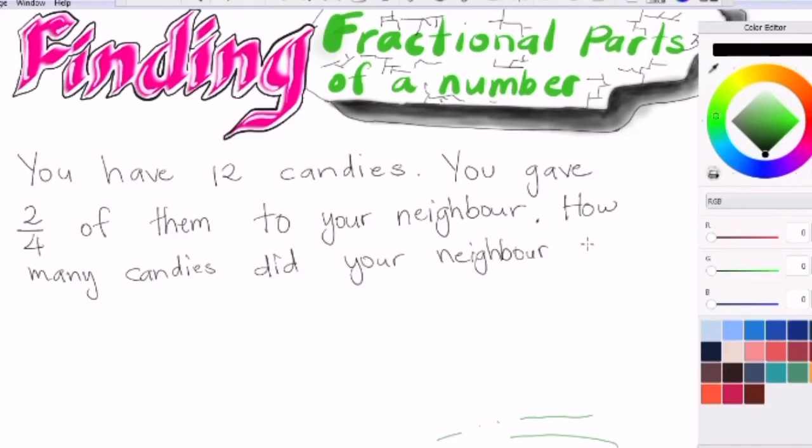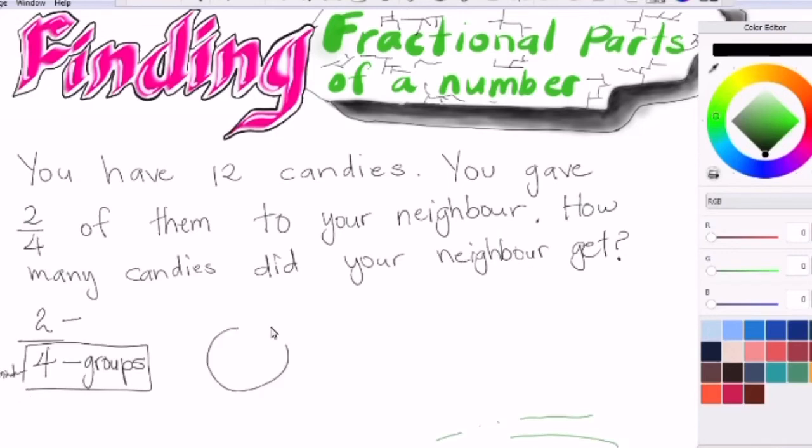How many candies did your neighbor get? Now remember, the denominator tells you how many groups you are to have. In this case, the denominator is 4, therefore you are to have 4 equal groups.